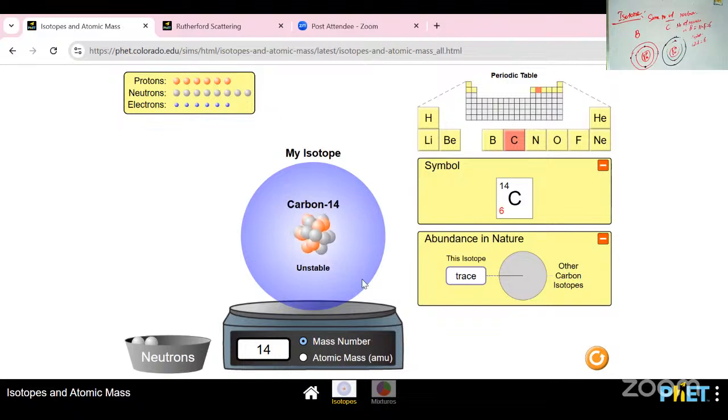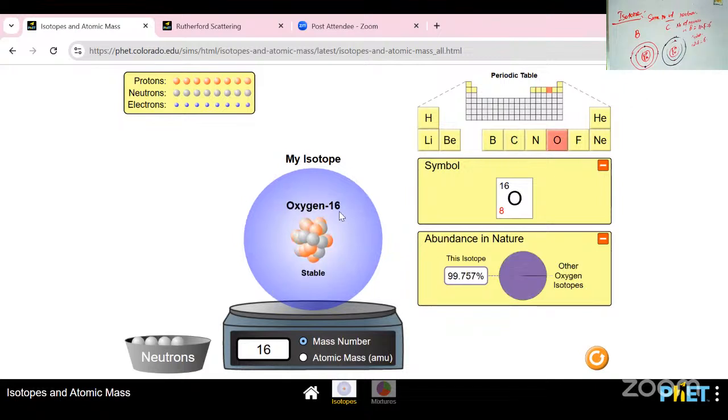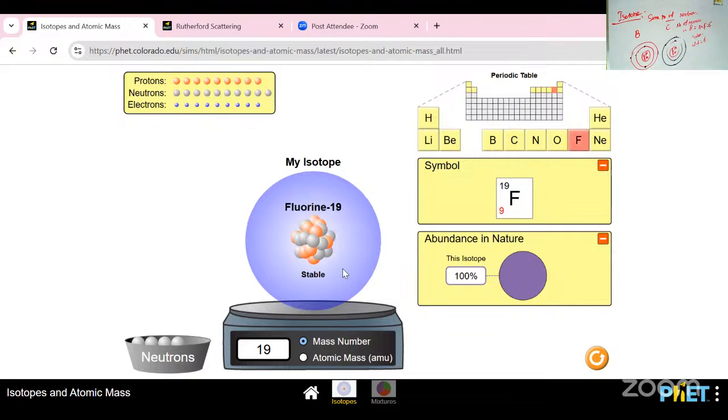So from the simulation, we see how isotopes become unstable. Next one is oxygen. Oxygen 16 is in a stable position. Then fluorine, with mass number 19, is also unstable.